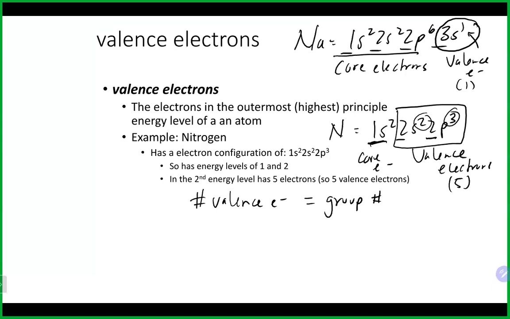So for example, if we look at sodium, that is group 1 on the periodic table, 1 valence electron. If we look at nitrogen, that is group 5 on the periodic table. And there it is, the 5 valence electrons. So if you just need to figure out how many valence electrons something has, the group number is the way to go. It's much quicker, obviously. You can just find it on the periodic table, figure out what group number it is, and you can basically determine the number of valence electrons from that.